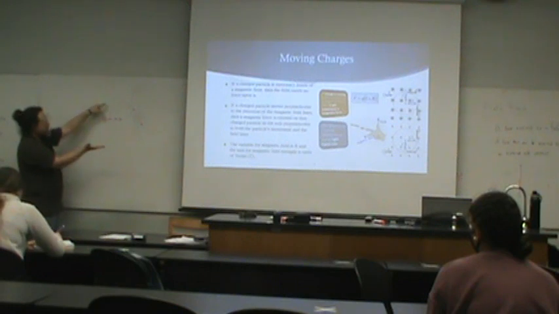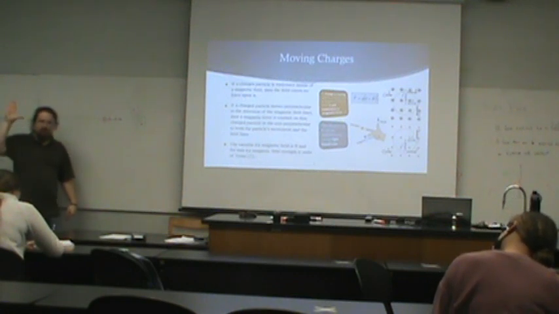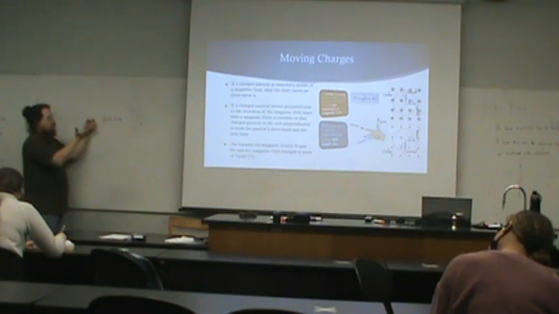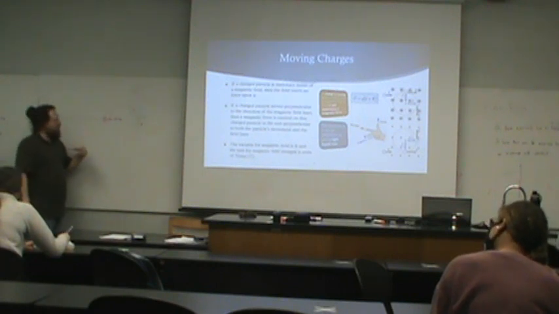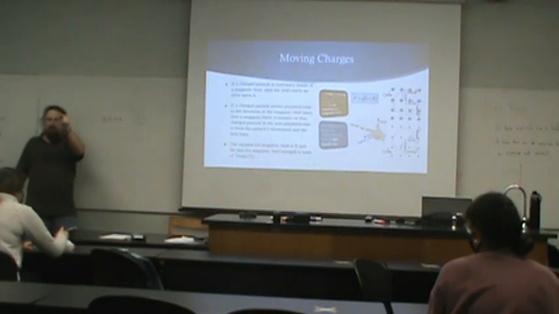So field is going up at this spot, so fingers that way, palm this way. And the force is going to point the direction of your thumb if you're holding it out like an L. So in this case, field positive y, velocity positive x, force will point the positive z. So in this scenario, proton is rushing towards planet and the field's going to ping it off that way.